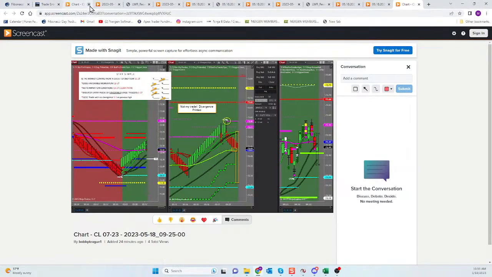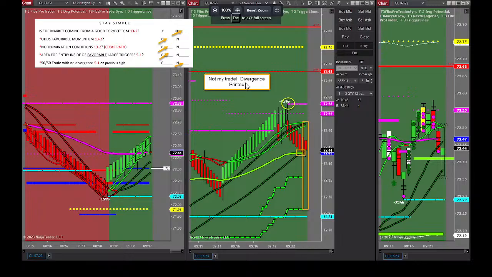I'm not taking it. Bobby T., 50-50 from a bad bottom. Divergence prints. You choose not to take it. How easy is that, right? And Bobby, that's probably the one that screamed to the top, right?